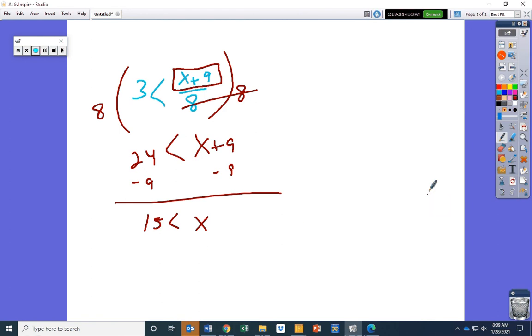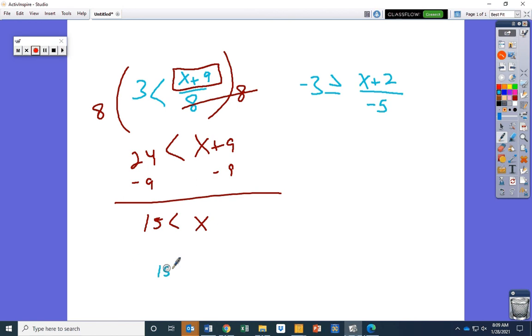Okay? The last type you're going to see, something like this. Let's say I have negative 3 is greater than or equal to x plus 2 divided by negative 5.